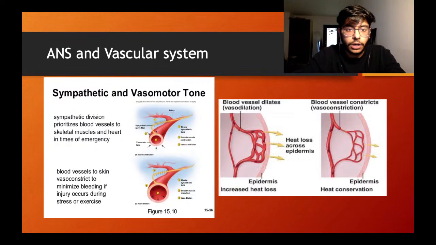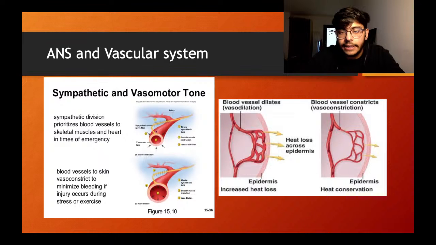Vascular tone. Most of the vasculature in our body is under the sympathetic regulation, wherein it can vasoconstrict and vasodilate depending on the situation. One of those situations is heat. If I am in an environment that is extremely hot, I need to lose the excess heat being formed.